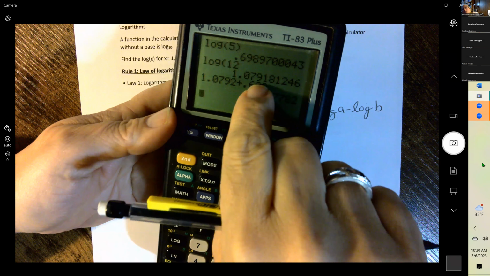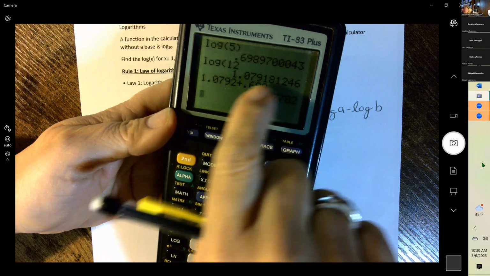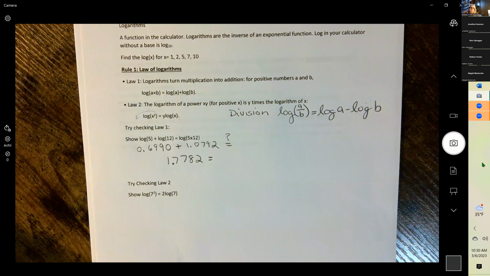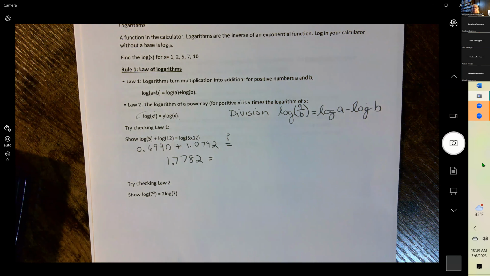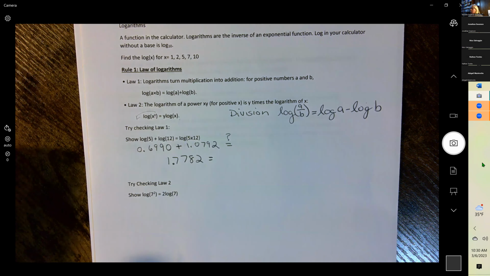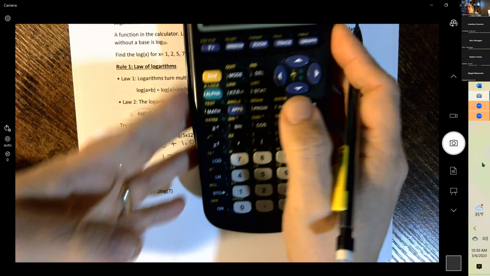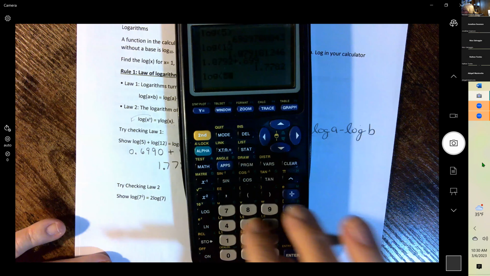And then this one, the 1 became a 2. But I'm going 4 decimal places because I don't know if 2 decimal places will get an exact value, but I think this will. So then this one, we want to take the log of 5 times 12 or the log of 60. But you can actually put log 5 times 12.